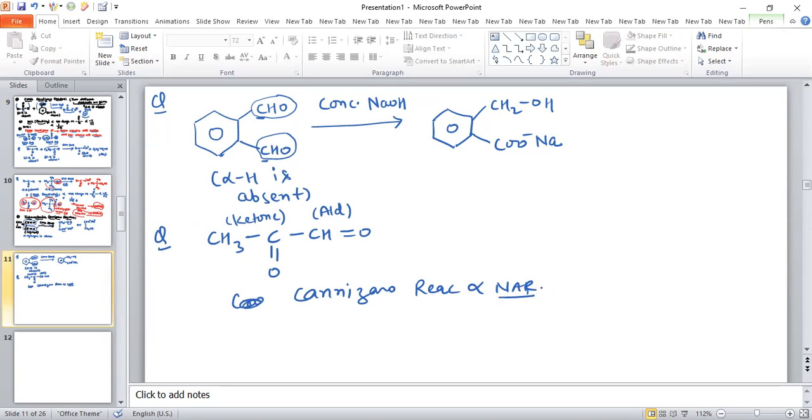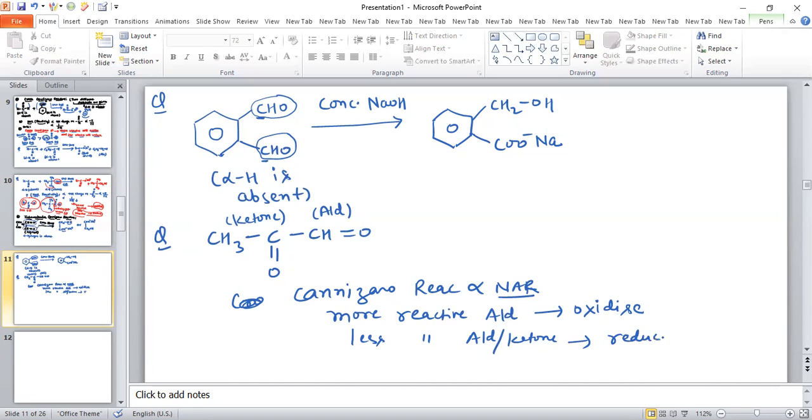The more reactive aldehyde will oxidize, and the less reactive aldehyde or ketone will reduce. Now see, two groups are there. One is aldehyde and one is ketone.